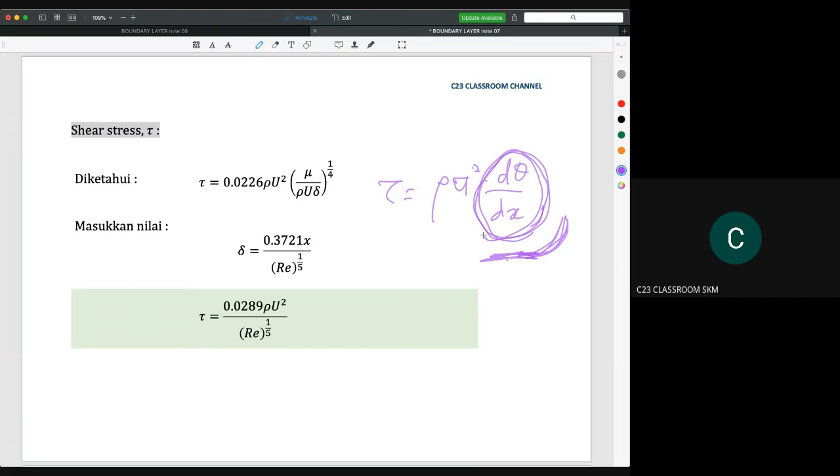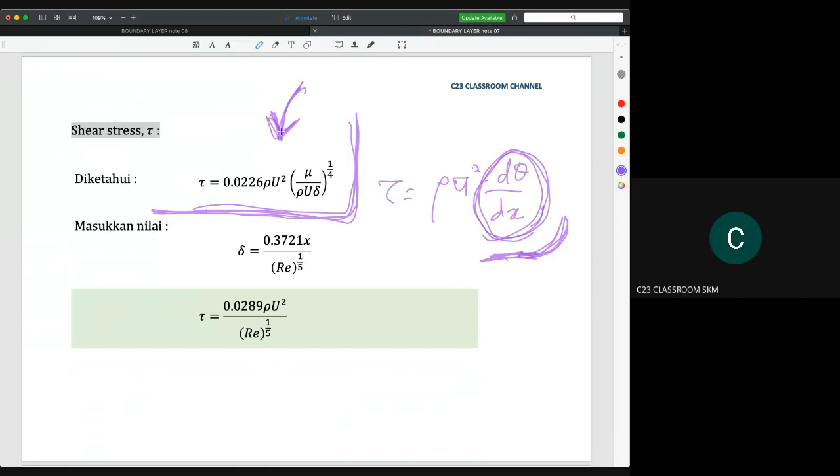So normally I propose to students, please straight away use the value of shear stress that is given in the question. This value of shear stress doesn't have any differential form and so on, so this equation is now perfect.